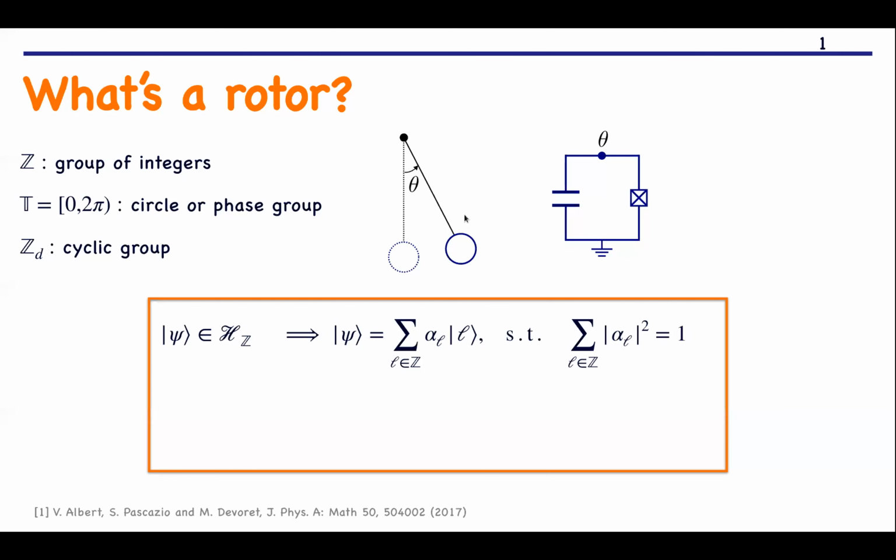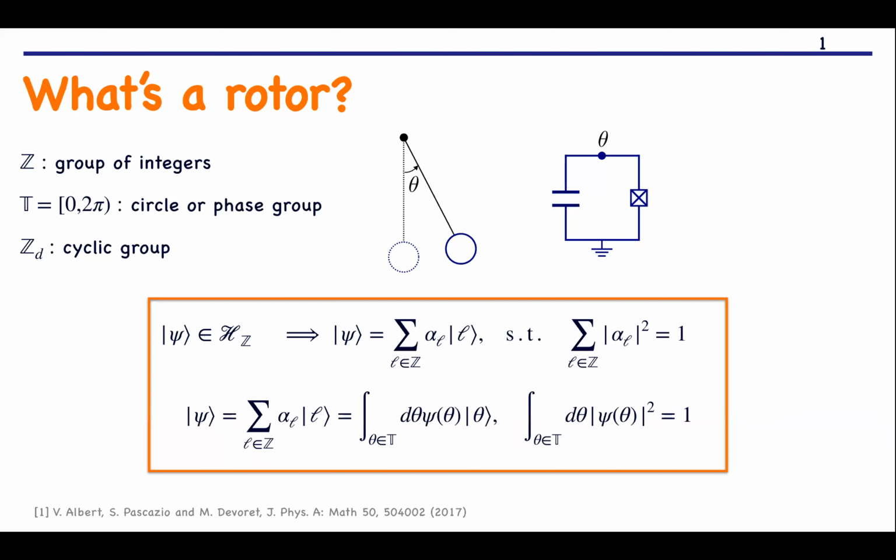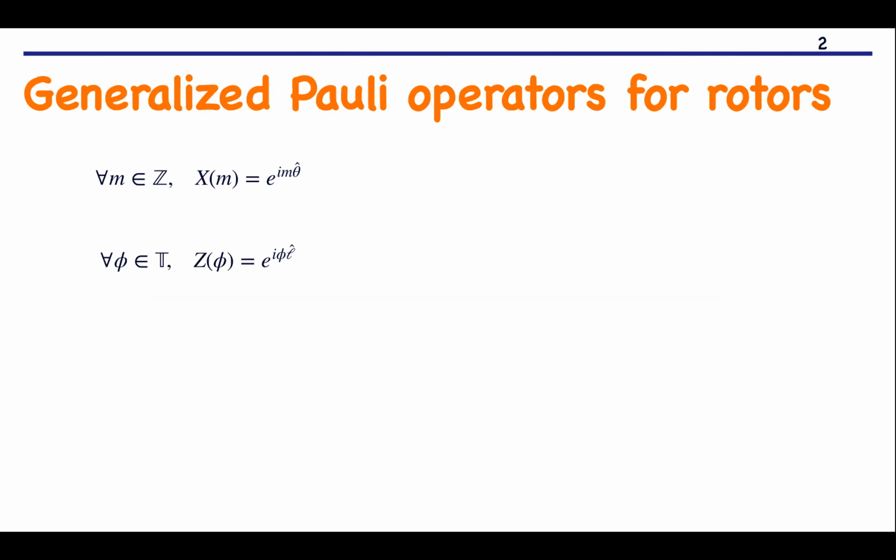Or equivalently, we can take the so-called discrete time Fourier transform and also represent the system via a continuous wave function that is normalized in 0 to pi and is periodic. Starting from this system, we can define what we call generalized Pauli operators that are essentially translation operators in momentum and in phase.